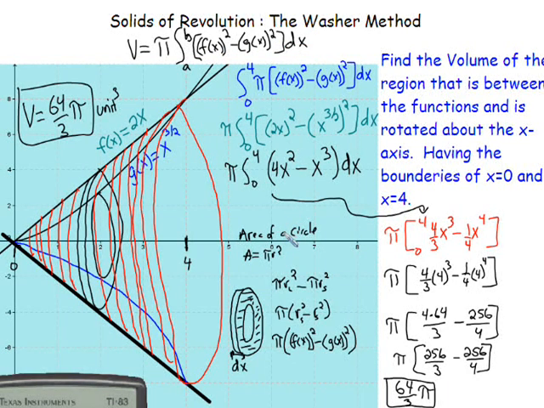That is our general information there. This is when you have two functions that create a region between them, and then you want to rotate them and create a solid, okay, which is called solids of revolution, the washer method.